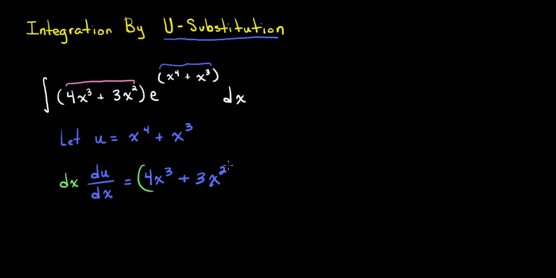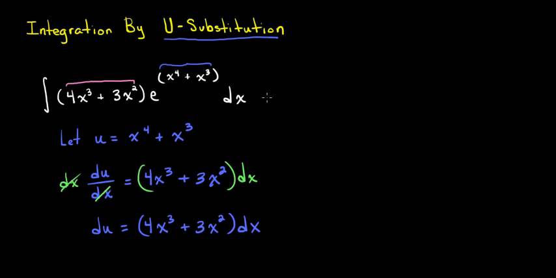So if I multiply both sides by dx, then notice these would reduce, and I would be left with du is equal to 4x cubed plus 3x squared, and all of this is times dx. Now, what do we do now?